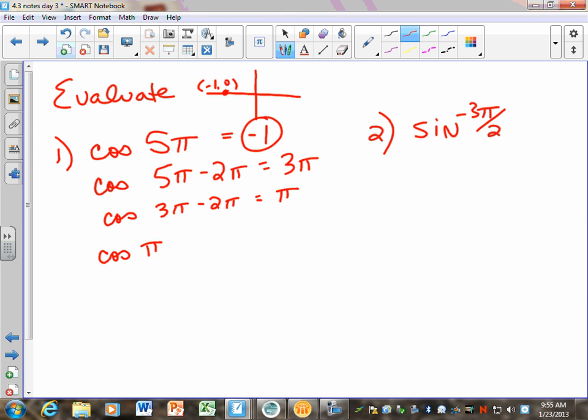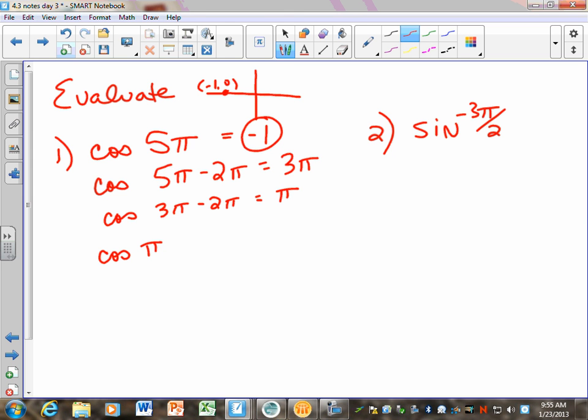If I see a negative angle and I don't want it to be negative, what could I do to find the exact same spot on the circle but make it positive? Like over here, what did I do over here? I kept subtracting 2 pi because this one was bigger than 2 pi. Since this one's negative, could I add 2 pi to figure out where that same positive angle would be and then use that angle? Always works, every time.